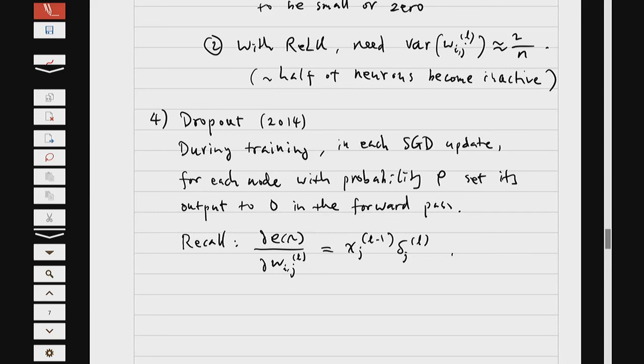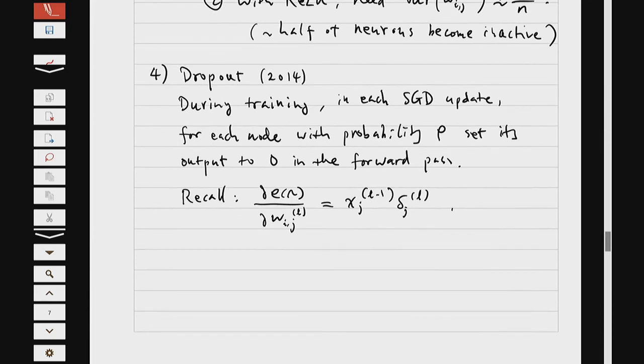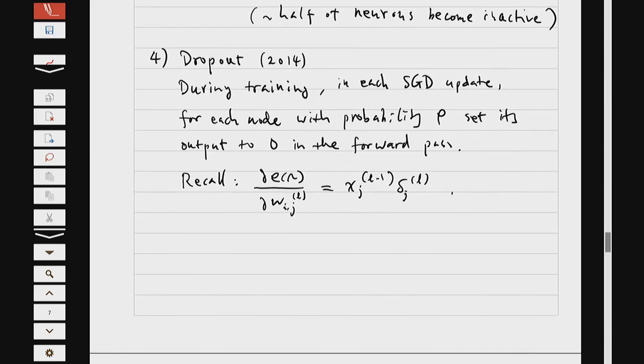The gradient of some edges. In fact, if you look at all of this math carefully, you see that both the incoming edges and the outgoing edges of this neuron that you set to be inactive, their gradient becomes 0. So during the backpropagation, for these neurons that are inactivated, their edges are basically frozen. They are not changed.